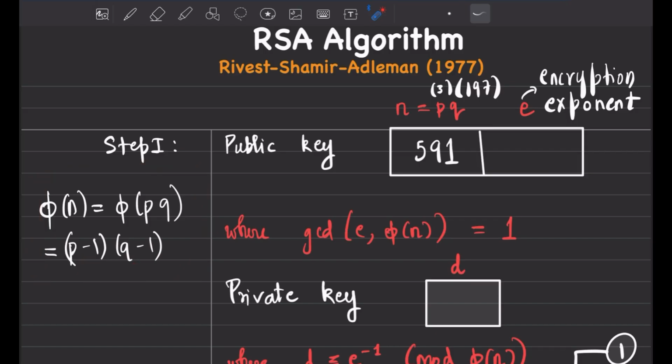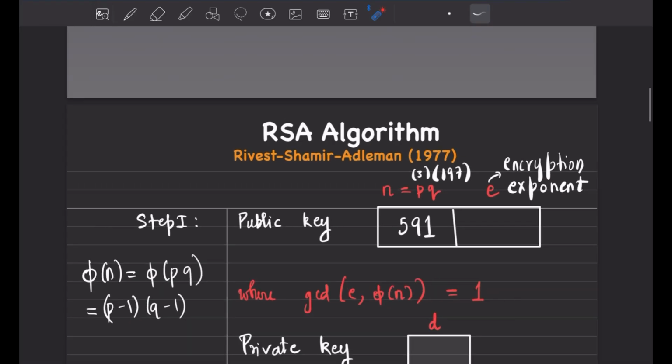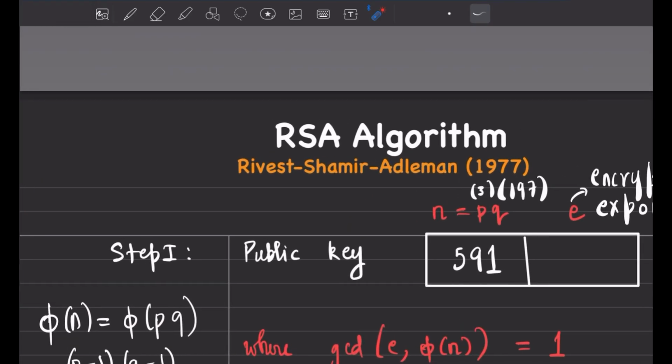So if a hacker wants to hack a message and calculate the D, which actually depends on phi of n, the phi of n can be calculated only if you are able to factorize this n into the product of two primes. And let me tell you, even in today's world, with the modern technology that we have, it has been estimated that the quickest factoring algorithm known can use approximately 1.2 times 10 raised to 23 computer operations to resolve an integer with 200 digits into its prime factors.